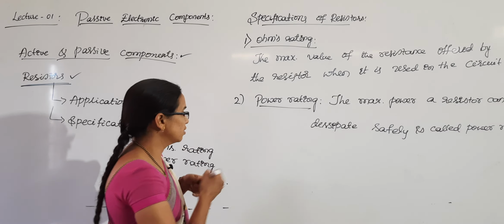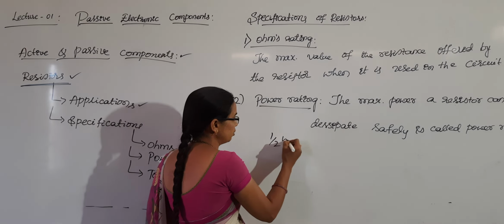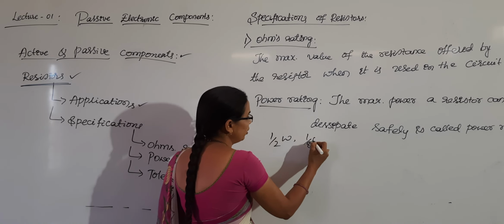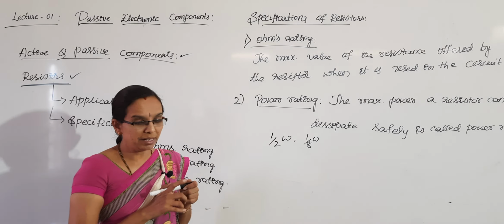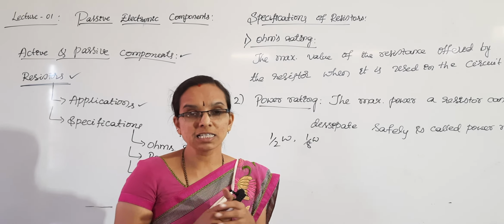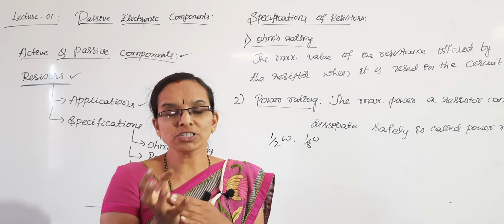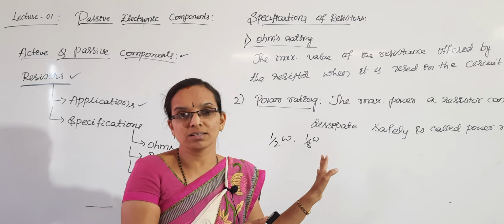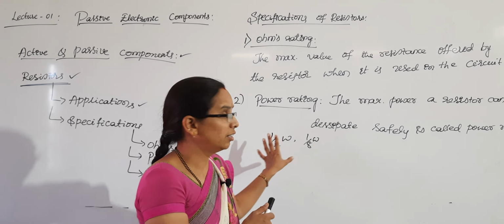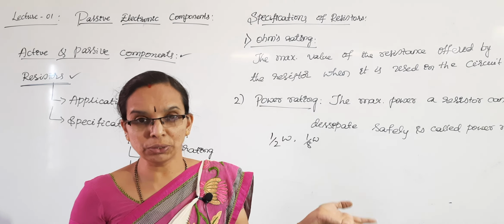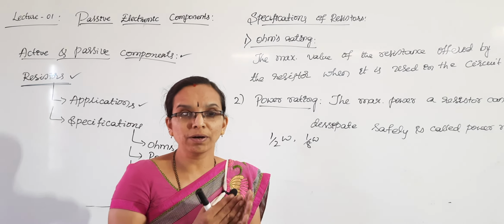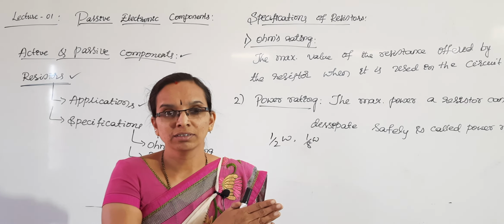Somewhere around half watt resistors will be there, 1/8 watt resistors will be there. That means power rating: the maximum power, how much can be given to this resistor, in what kind of circuit it can be used, how much power it can bear safely.